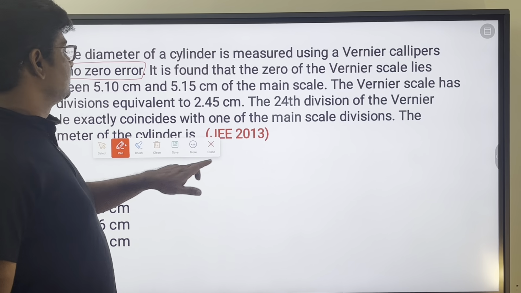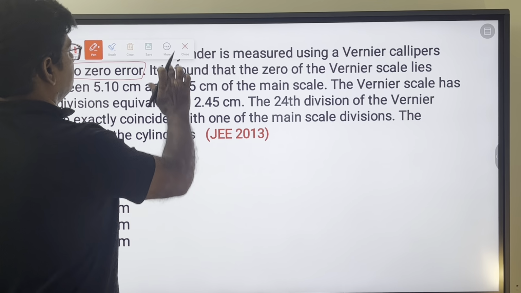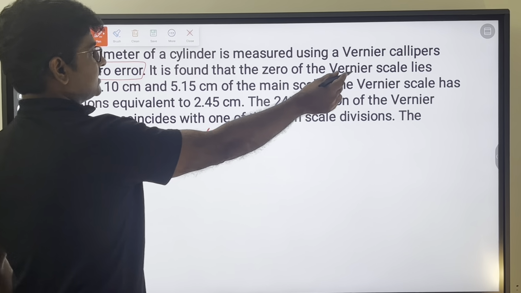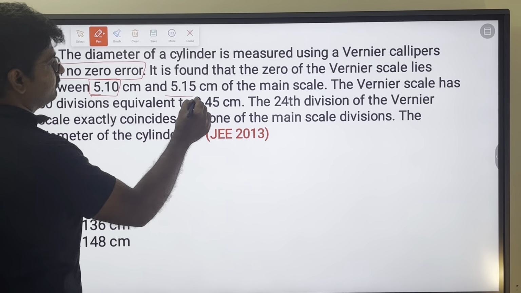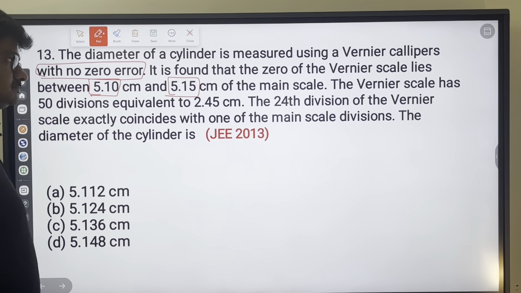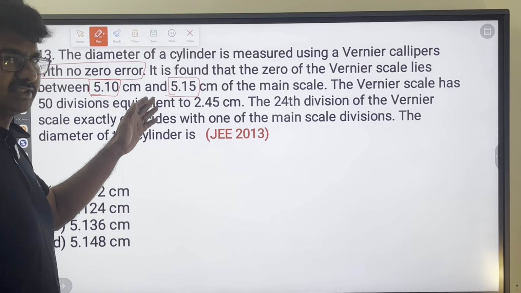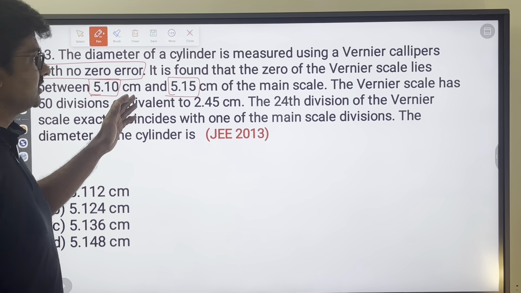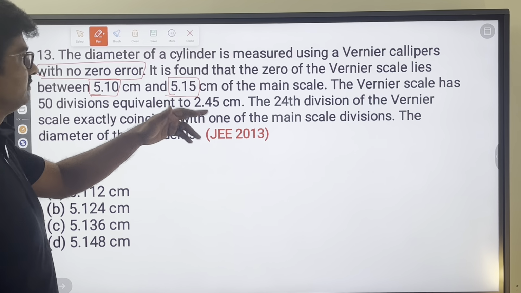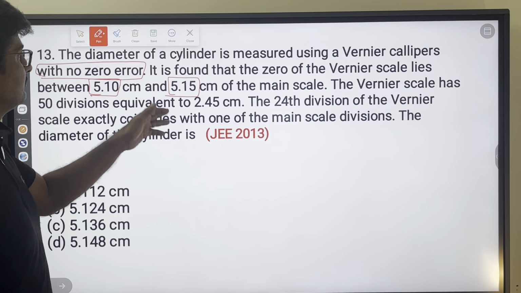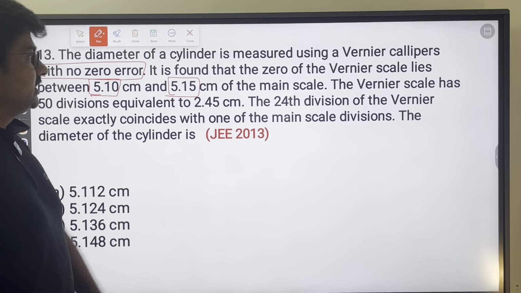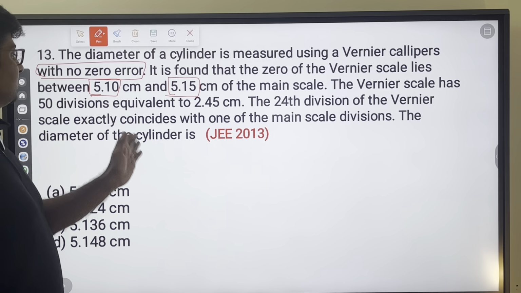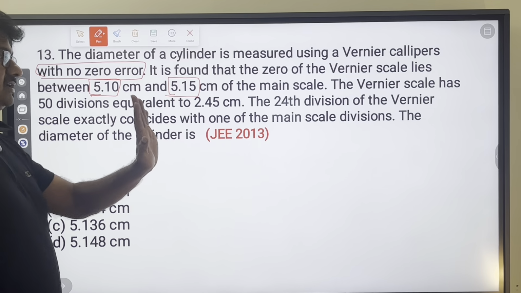It is found that the zero of the vernier scale lies between 5.10 and 5.15. This is crucial, something which is important to solve this problem. The vernier scale has 50 divisions equivalent to 2.45 centimeters. The 24th division of the vernier scale exactly coincides with one of the main scale divisions.